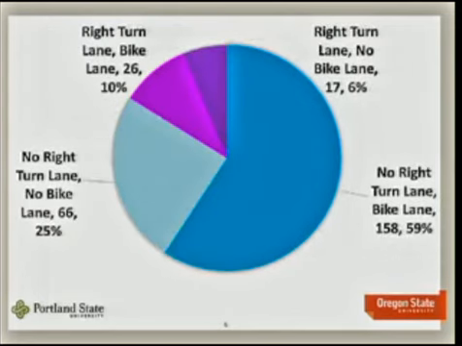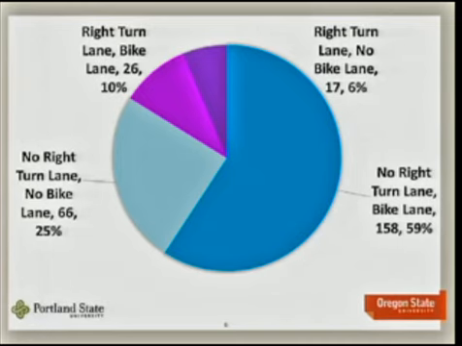And then we went a little bit further and, from aerial photography, looked at the geometry at those locations. What you can see is that 60% of those crashes happened at signalized intersections where there was no right turn lane but a bicycle lane.